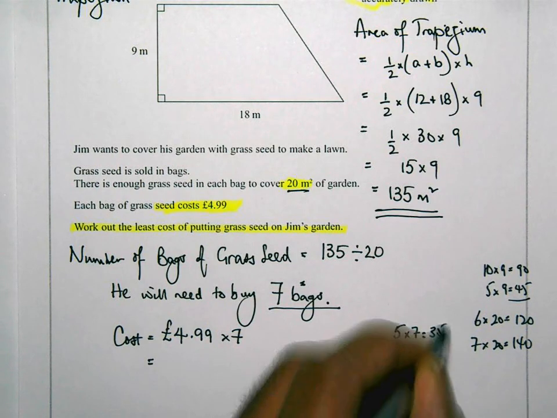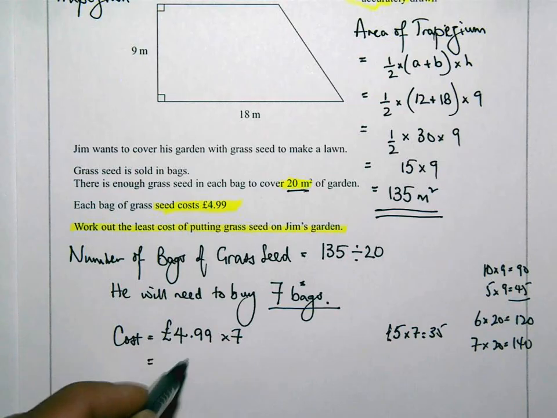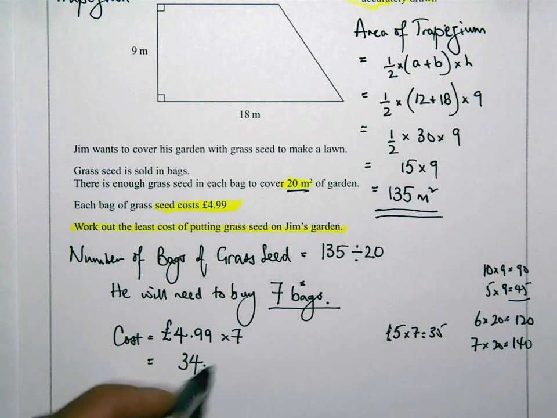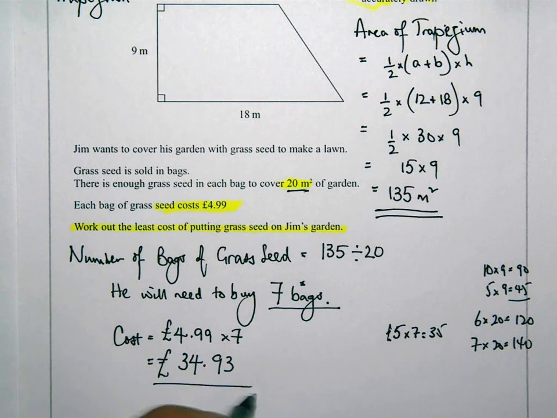And from £35, I'm going to take away 7p because I rounded it to £5, and that's just 1p more. So I need to take away 7 lots of 1p, which is going to be £34.93.